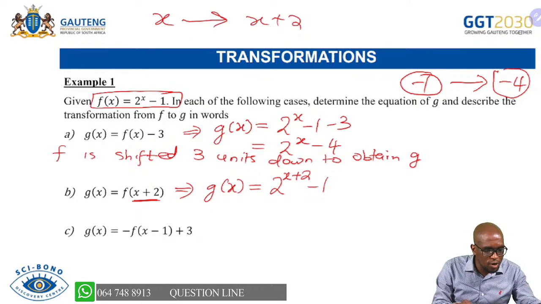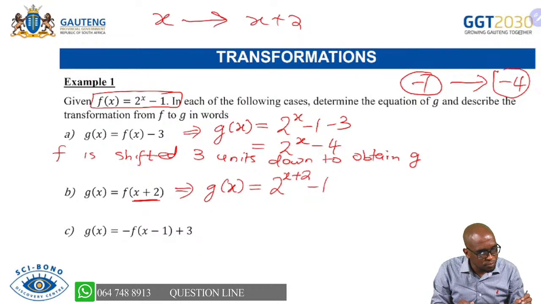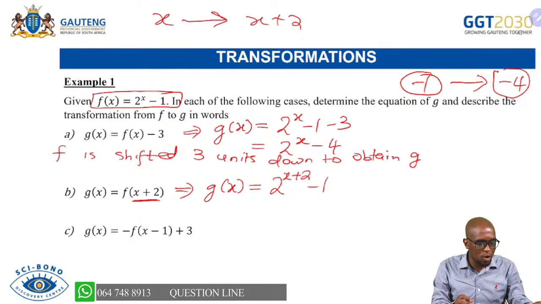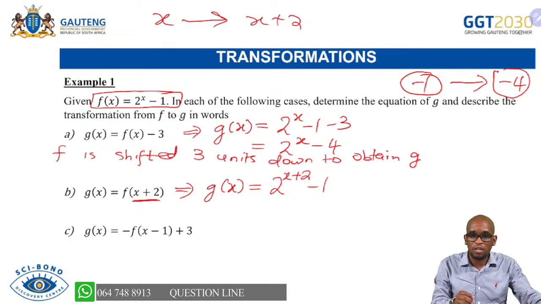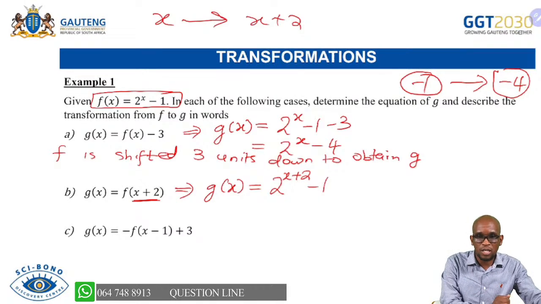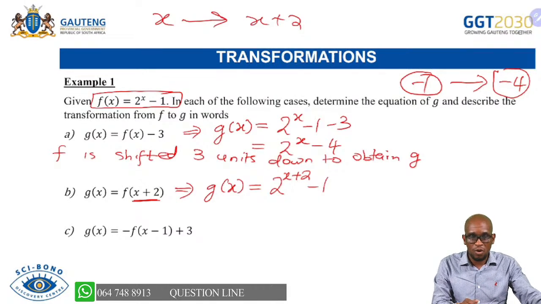Now, from this equation, you can see that what happened is that we moved all the points on the graph by 2 units to the left. Remember, on the table, we said if p is positive, we're going to the left. If p is negative, we're going to the right.